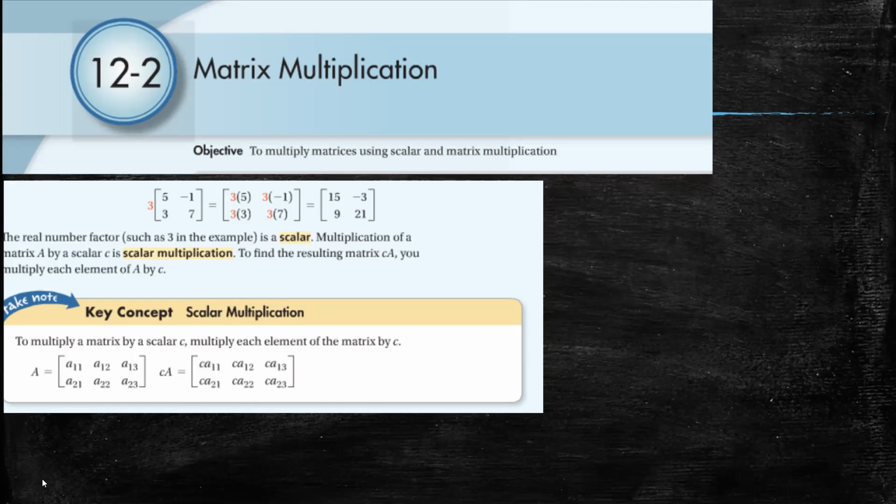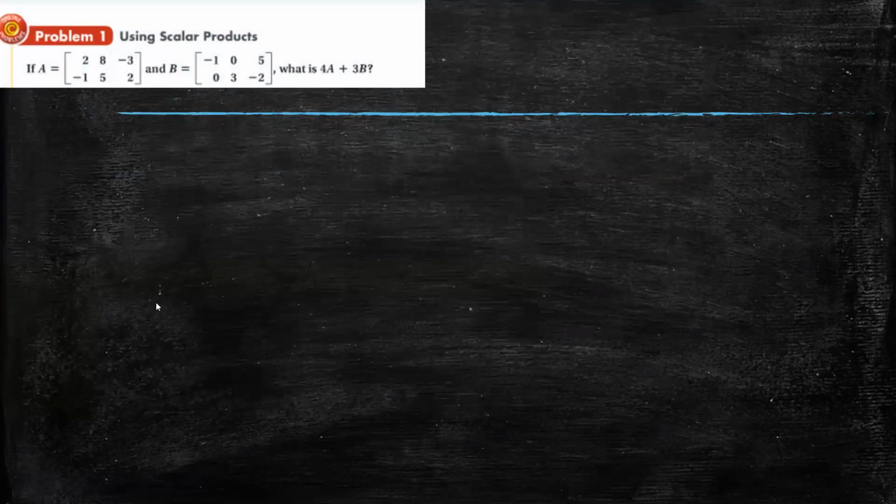So if you want to multiply a matrix, like this matrix here with entries A sub 1,1, A sub 1,2, A sub 1,3, by a scalar C, you have to multiply C by each element: C times A11, C times A12, C times A13, and so on. This type of multiplication we call scalar multiplication.